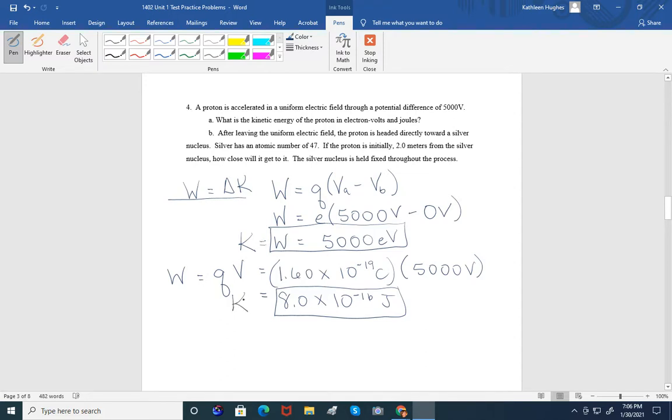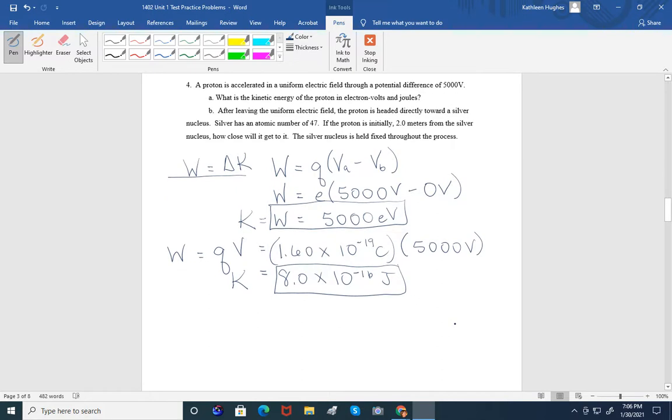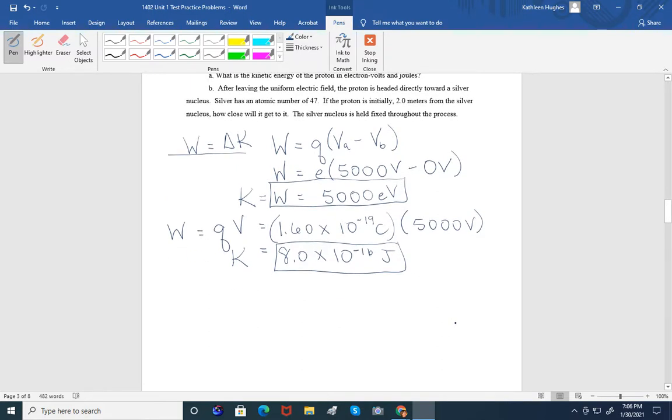After leaving the uniform electric field, the proton is headed directly towards a silver nucleus. Silver has an atomic number of 47. That means its nucleus has 47 protons in it. If the proton is initially 2 meters from the silver nucleus, how close will it get to it?